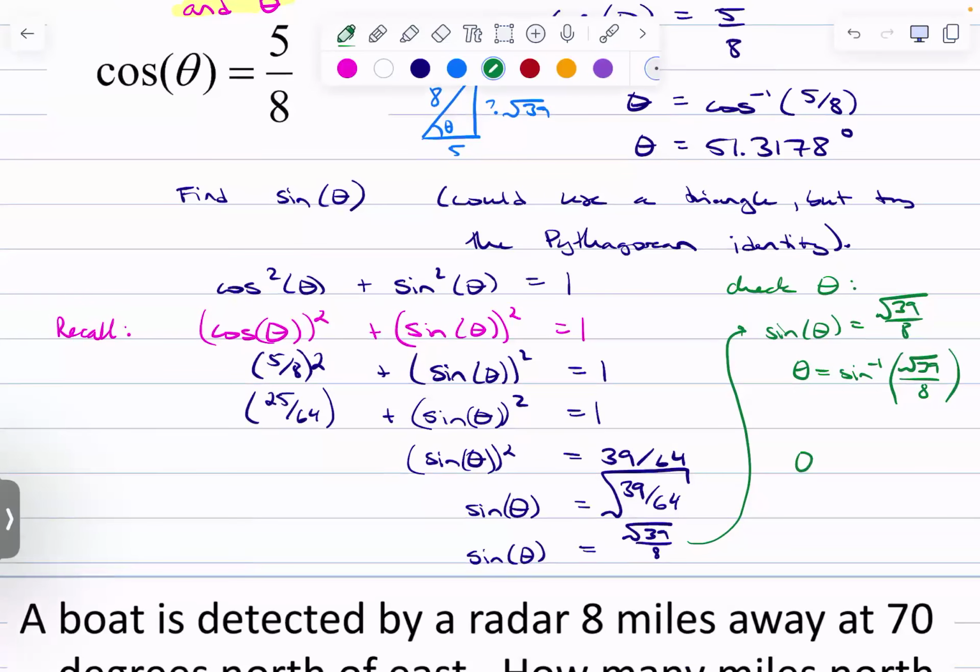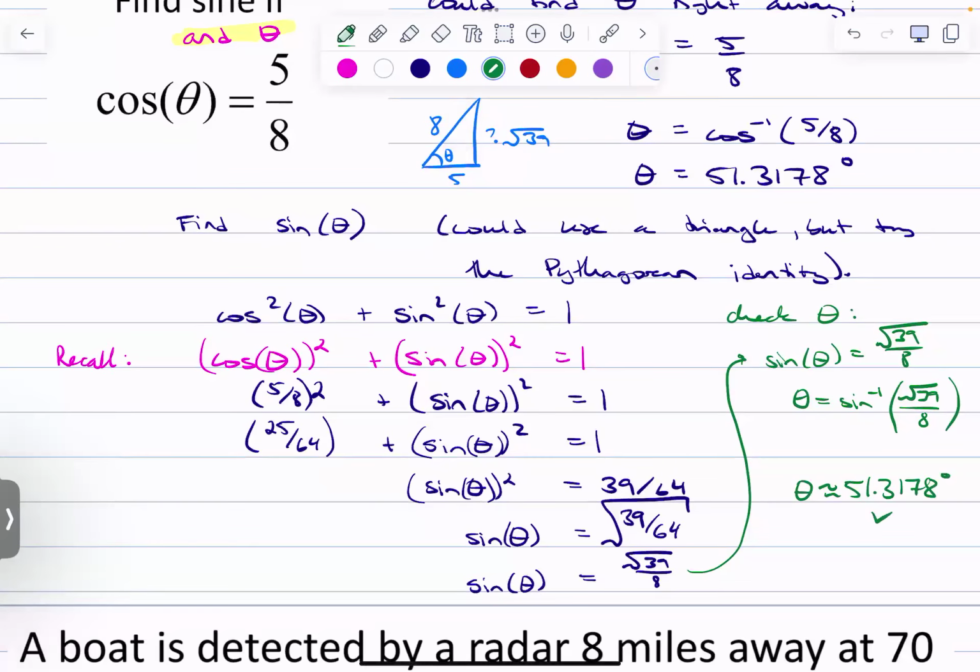Phew. 51.3178 degrees, which of course they should be the same. Nice.